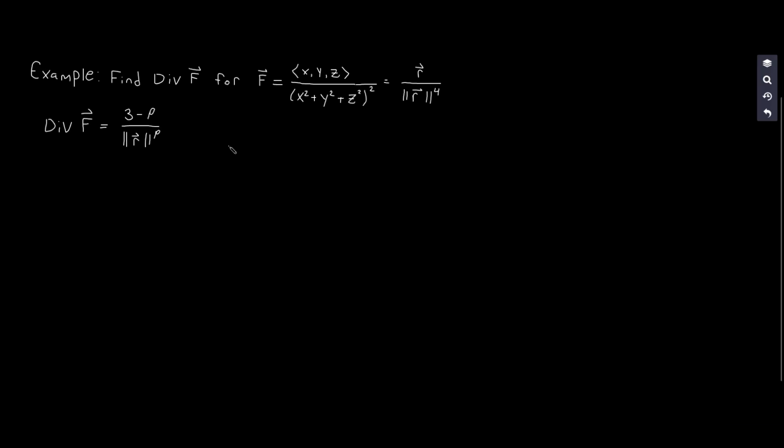That is, the divergence of vector f equals 3 minus rho over the magnitude of vector r raised to the power of rho. Now for radial fields, vector f equals vector r over vector r's magnitude raised to the power of rho. And here, rho equals 4.